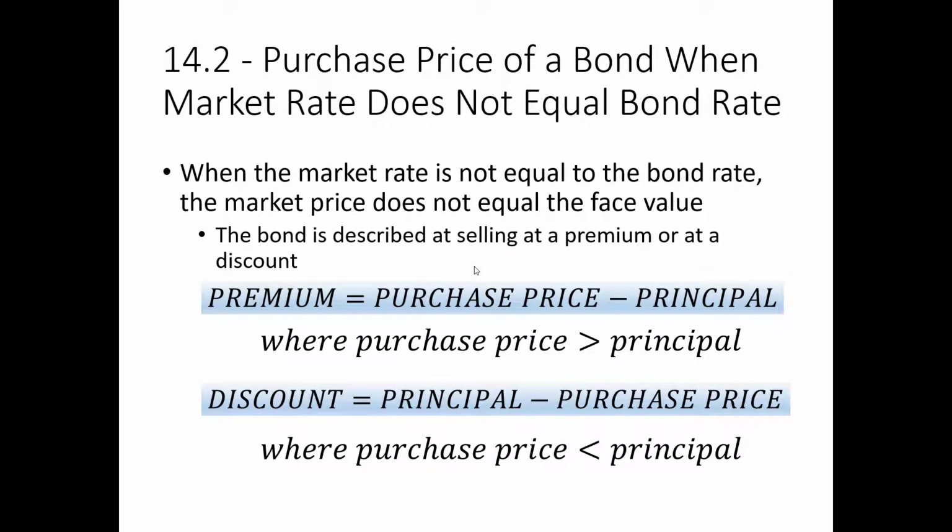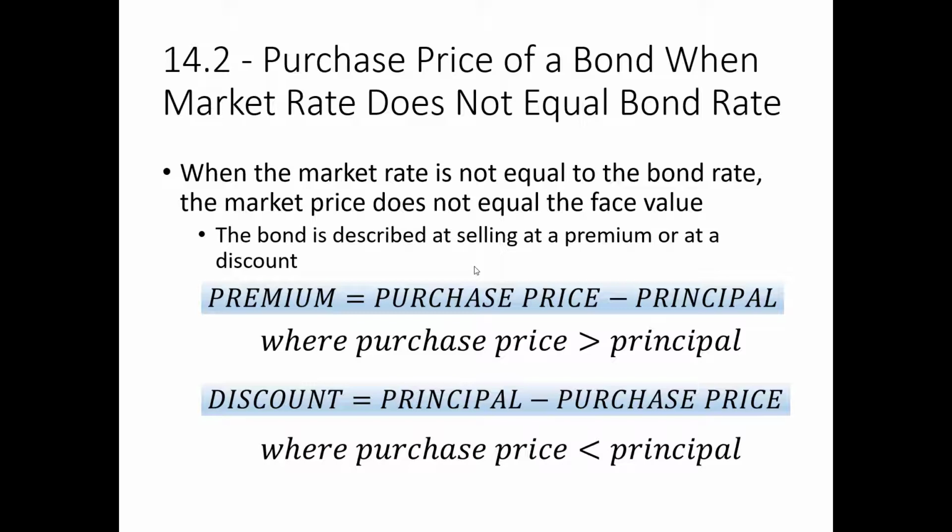Okay, got a lot of stuff coming at us here, and we're just going to pile on a little bit more. Okay, so bonds, sometimes you can buy and you can sell a bond for a value that's not the same as the face value, or not the same as the principal amount of the bond. That happens most of the time, right?